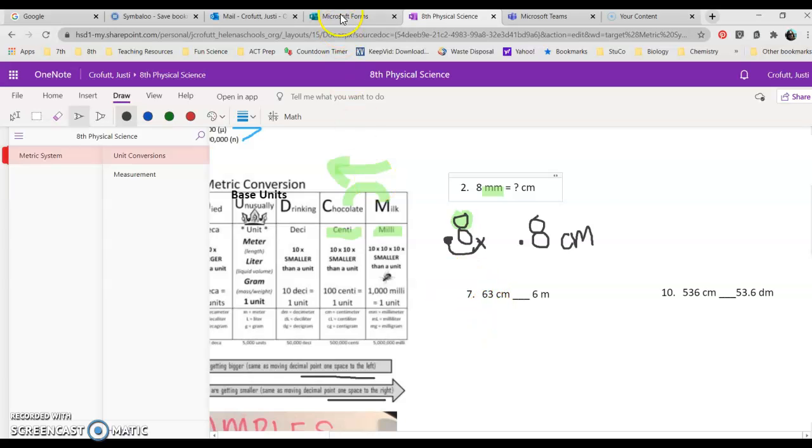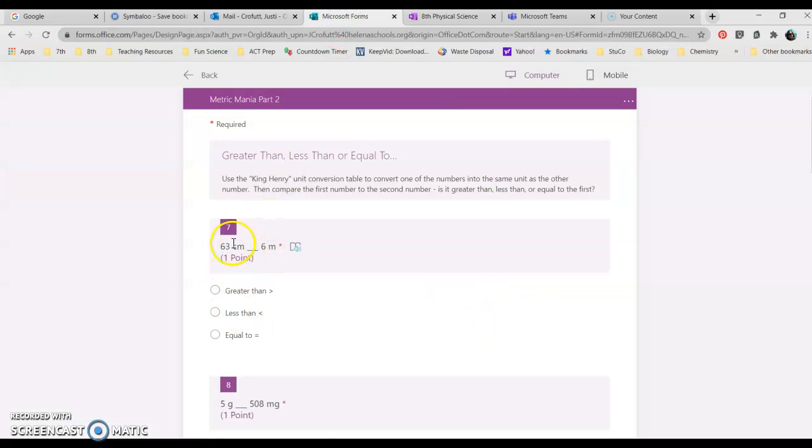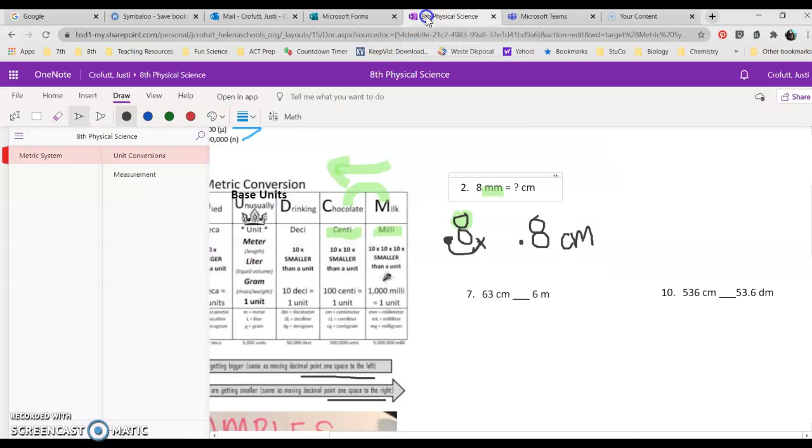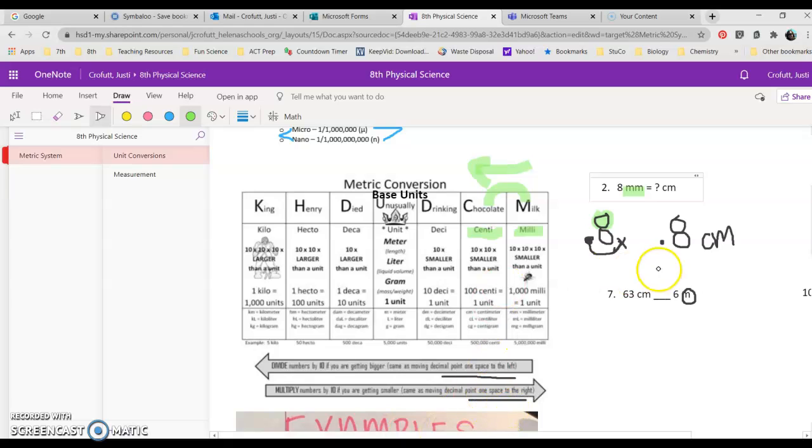Number 7 on your Google Forms is 63 centimeters and 6 meters. We're going to convert one. I'm going to convert my meters for no particular reason. It doesn't matter, as long as you convert one, and once you have them in the same unit, you compare them. The given in this case is meters, so I highlight my base unit, meters.